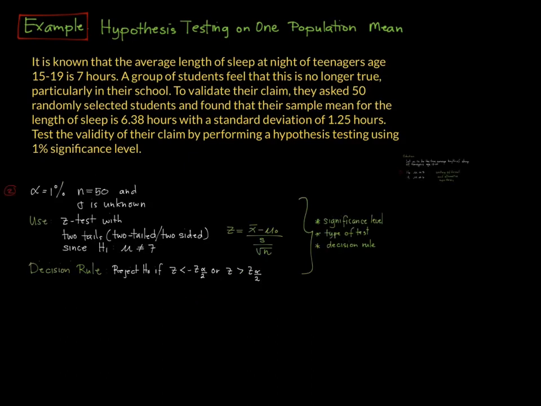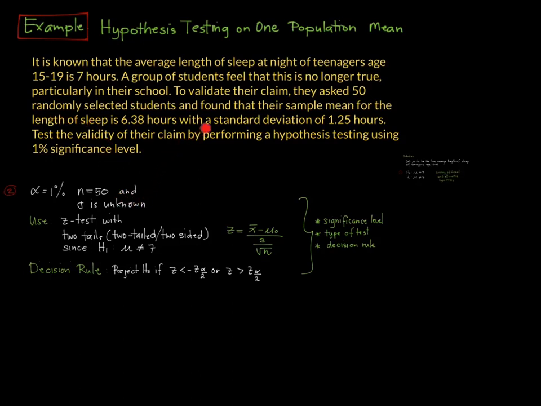Now, the next step is the writing of the significance level, the determining of the type of test, and the decision rule. Because this is a problem and it is already stated that we have to use the significance level of 1%, then alpha is equal to 1%. The sample size n is equal to 50 because the students asked 50 randomly selected students.